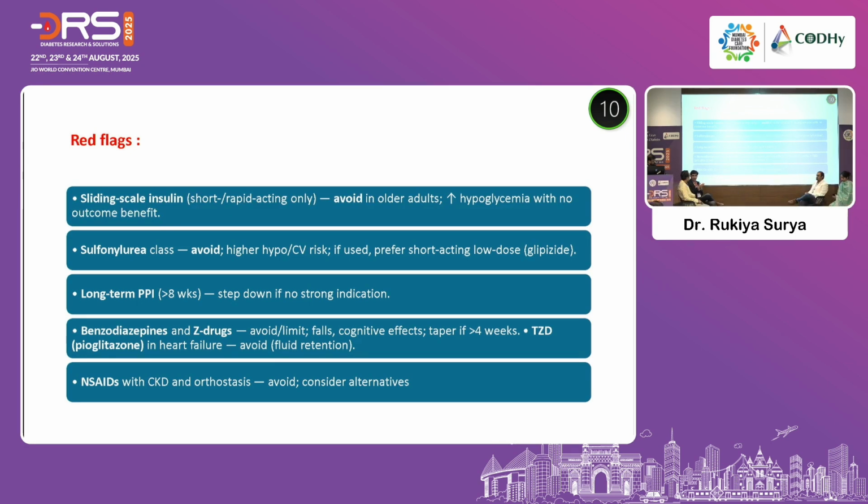We need to switch to a shorter acting sulfonylurea, or we can gradually withdraw the sulfonylurea also. I think these 3 things we need to do. And he was also on tamsulosin, right? Yes. In such patients it can be switched to silodosin preferably, which has a lower postural hypotension. So these things we can do for de-escalation in terms of dizziness.